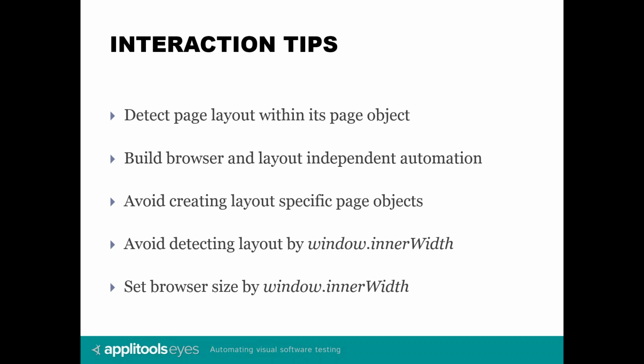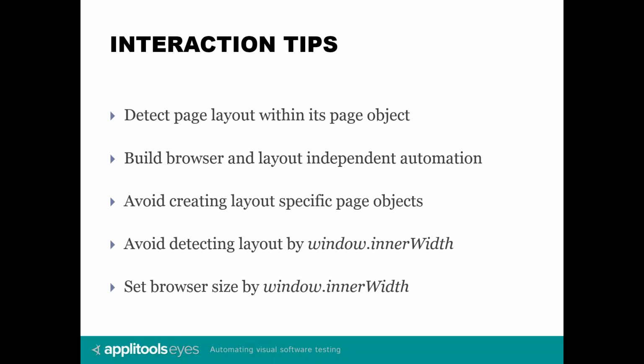Now, the next tip suggests that you should avoid detecting the layout using the window inner width property. As you've seen in the example test that we just wrote, I didn't address this property at all, but I could still detect the layout by looking at the navigation menu button, checking if it is displayed or not.